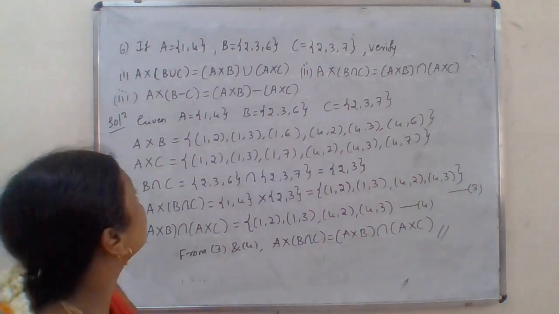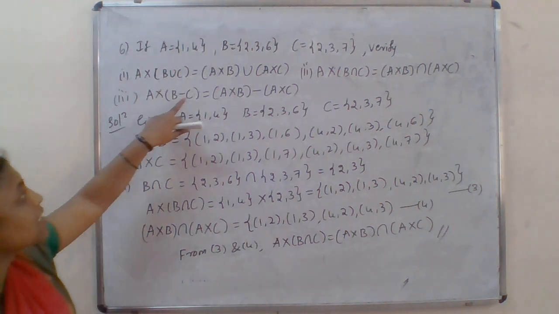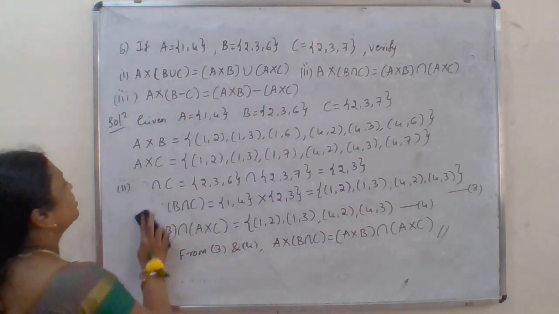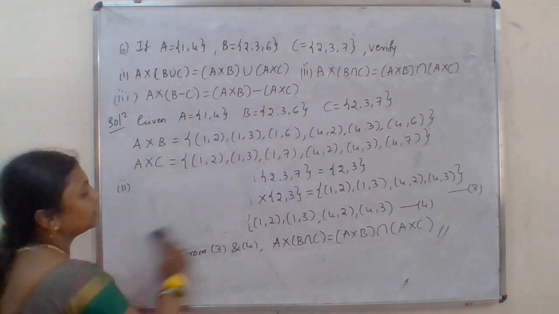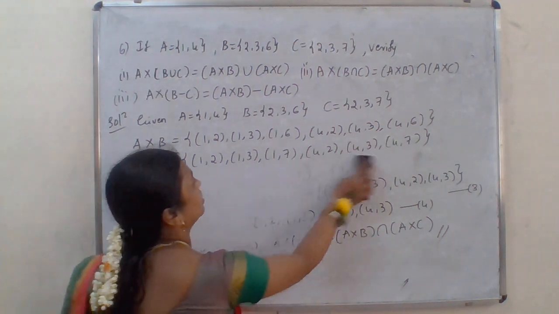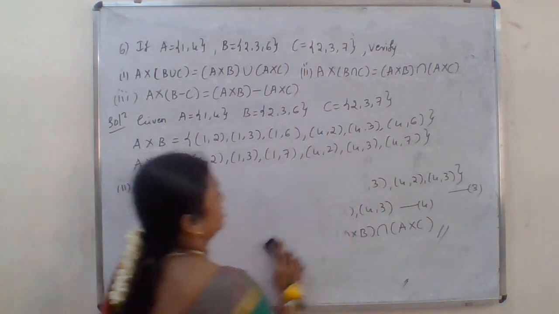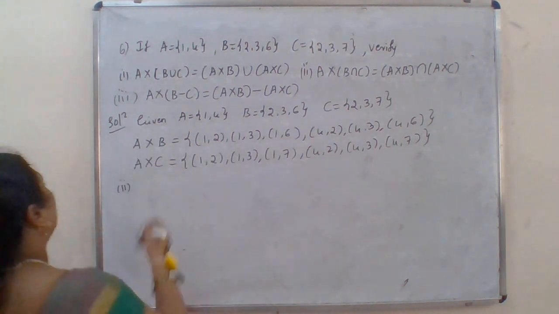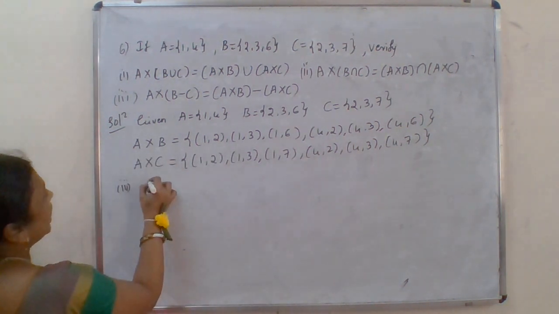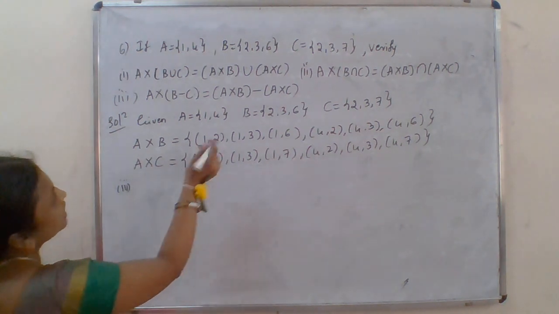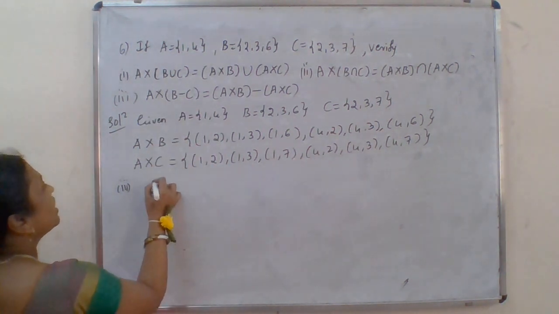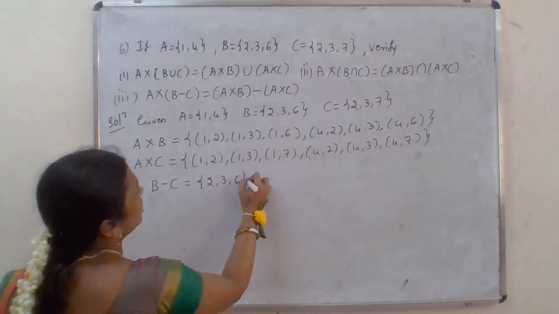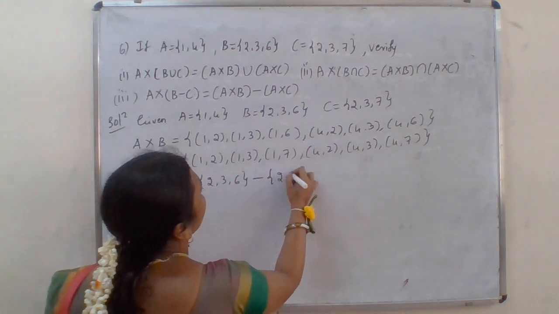Okay. Next, third one. Third one is what? A cross B minus C equal to A cross B minus A cross C. So next I will take the third one. A cross B minus C. So first find B minus C. B is 2 3 6 minus C is 2 3 7.